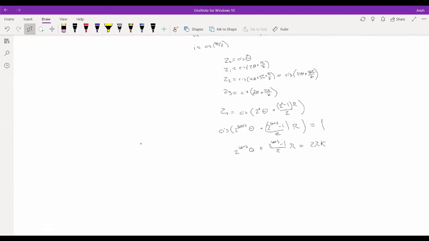So, how many possible values can theta be? Let's take a closer look. (2 to the 2005 minus 1) over 2 pi would simplify to 2 to the 2004 pi minus 1/2 pi.